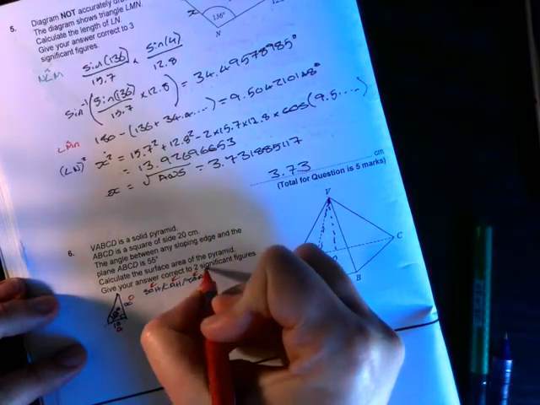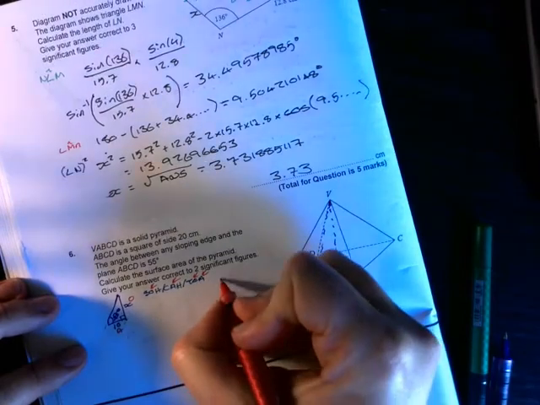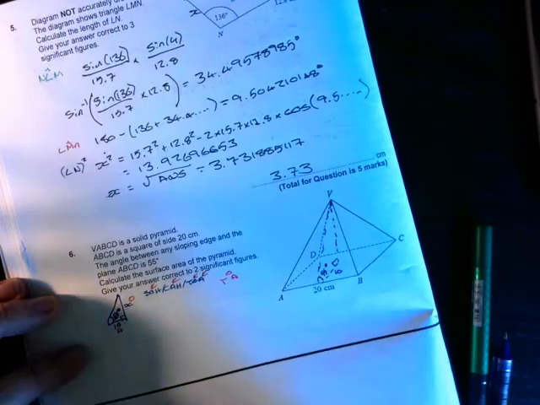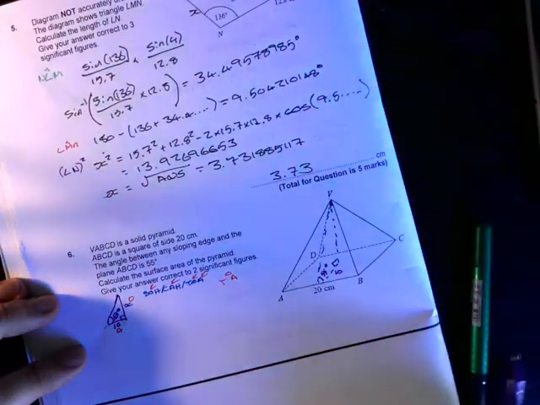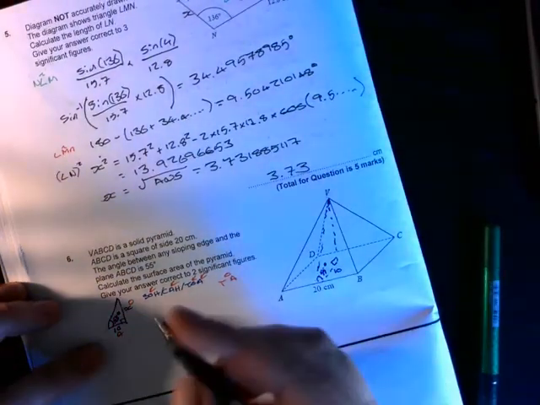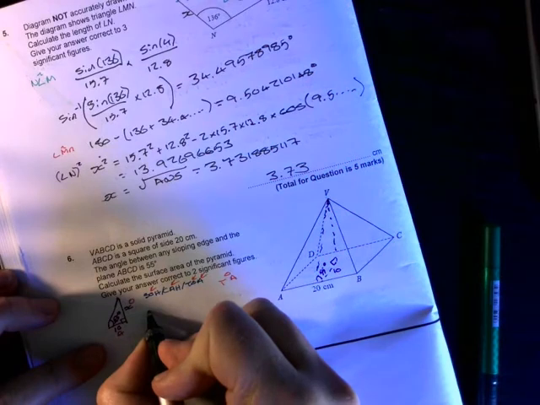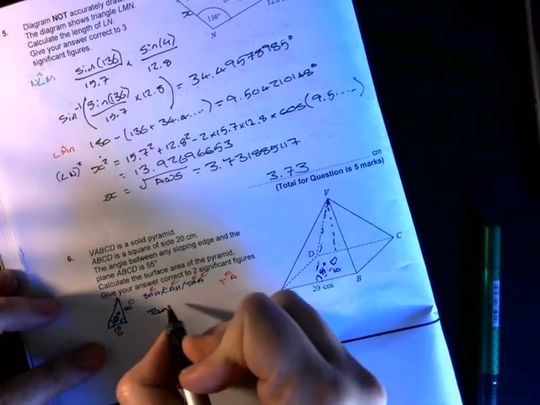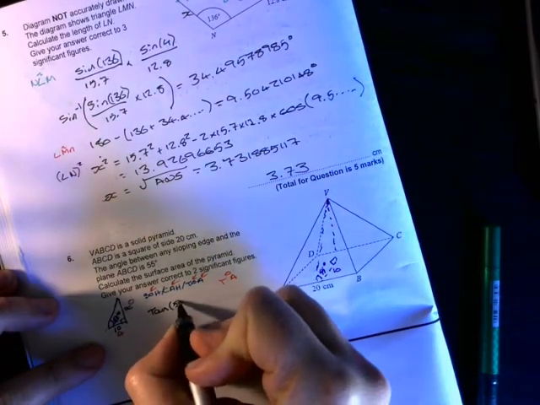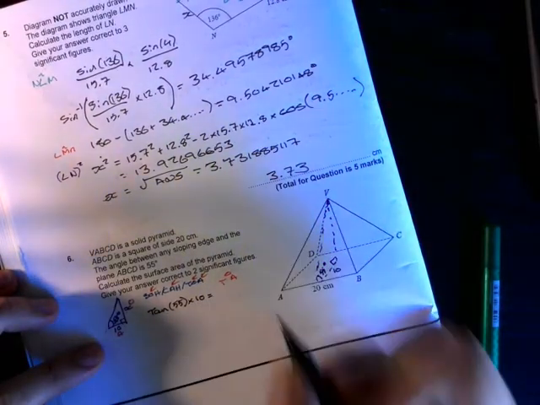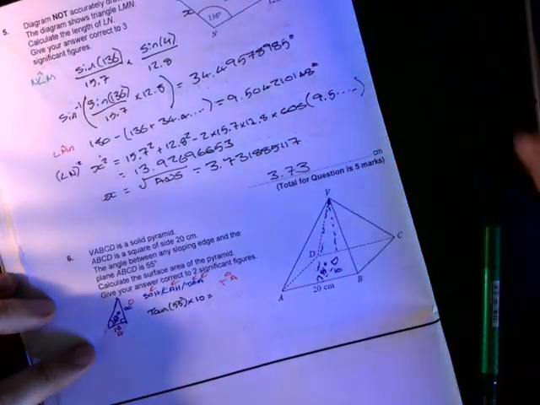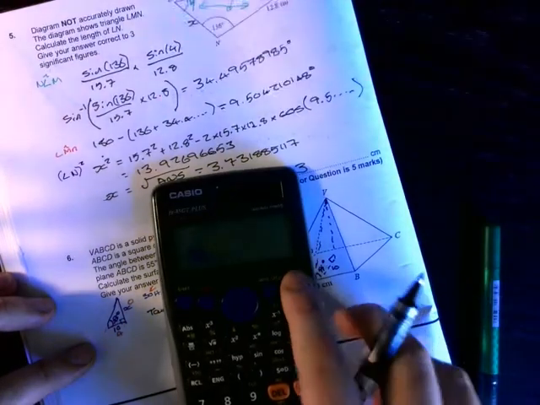So we're going to be using tan, and we are working out the opposite side, so we're doing tan 55 times 10. And that will be our vertical height of our pyramid.